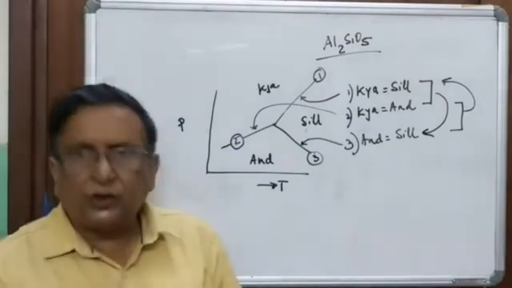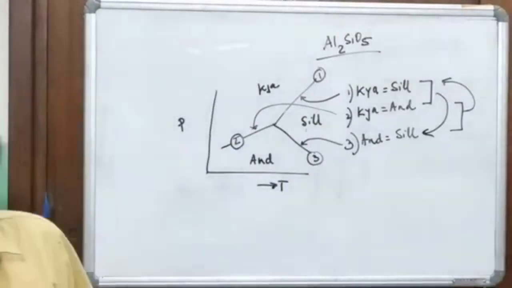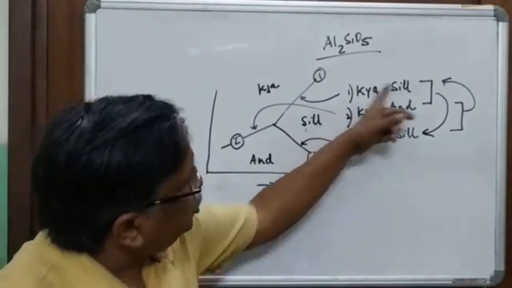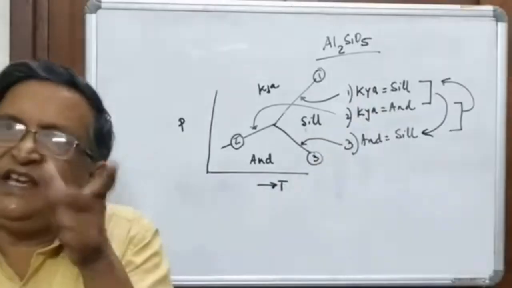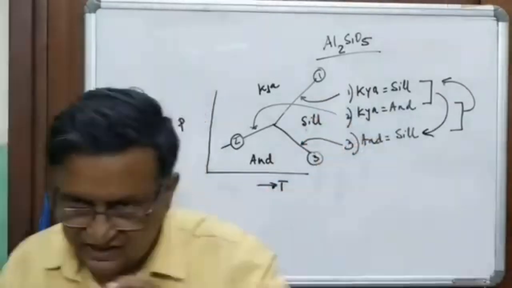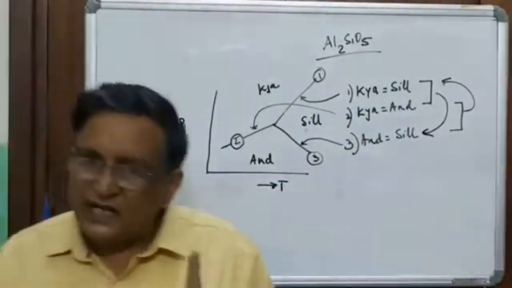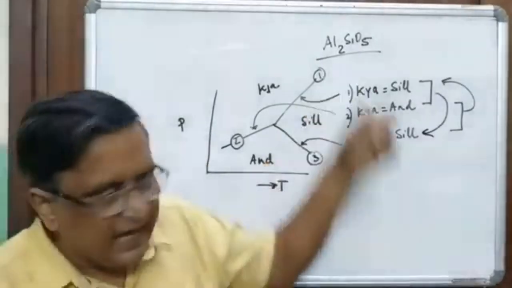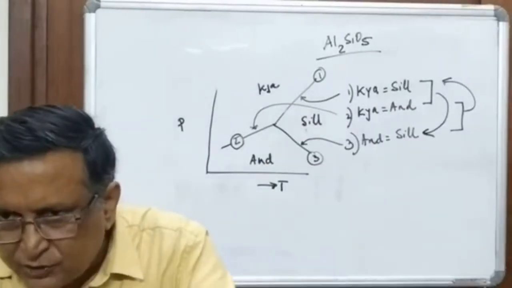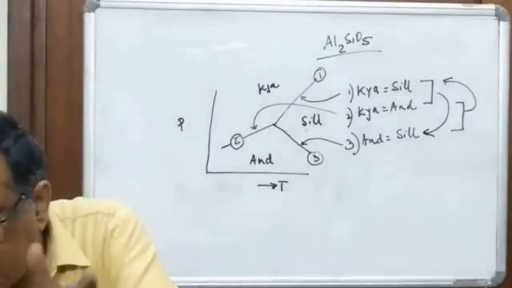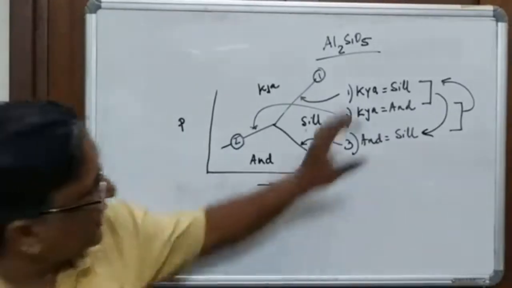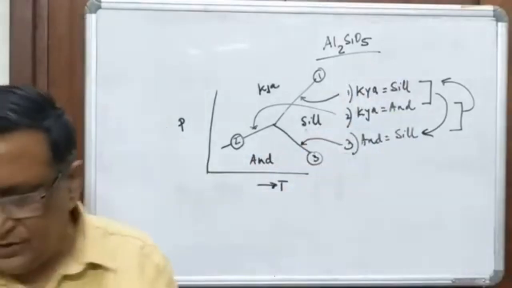So, out of the three reactions, we can see logically that two of them are independent reactions. The third one is a derivative reaction. That means, if you take any two reactions and algebraically add or subtract to eliminate a phase component, then you get the third reaction. So we have something called independent reactions.